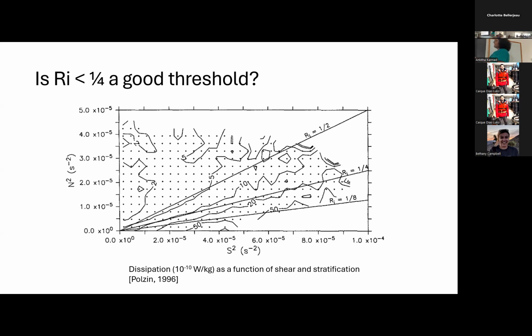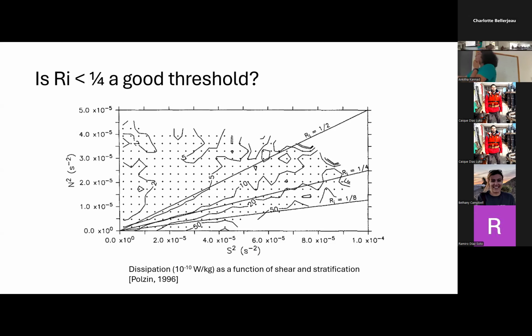This is an example of shear and stratification, and the dotted lines here show you dissipation, which is again a measure of mixing. So you can see that the highest dissipation happens where you have Richardson numbers that are lower than 1/4, which shows that this idea generally works, but you do see cases of mixing even at higher Richardson numbers.